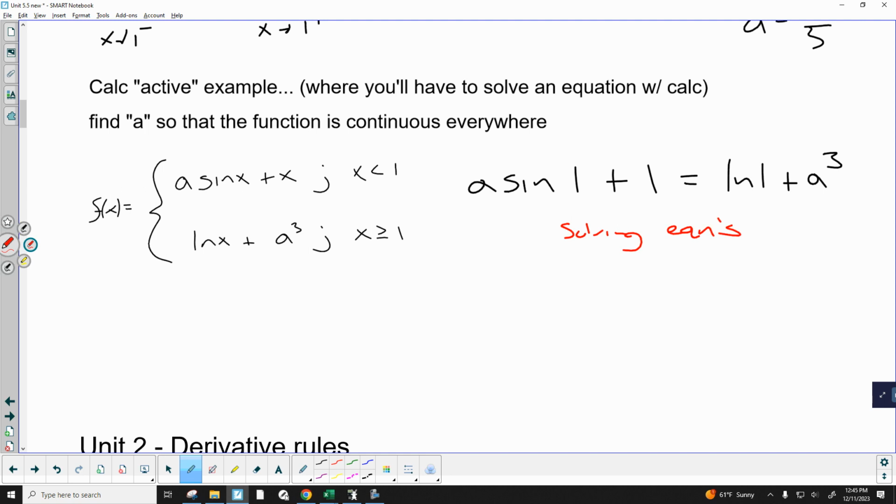Ready? You will graph y equals the left side, but you're going to use x's instead of a's. But like x, it will represent a's. And you will graph y equals the right side. So everybody, let's graph y equals the left side and y equals the right side.